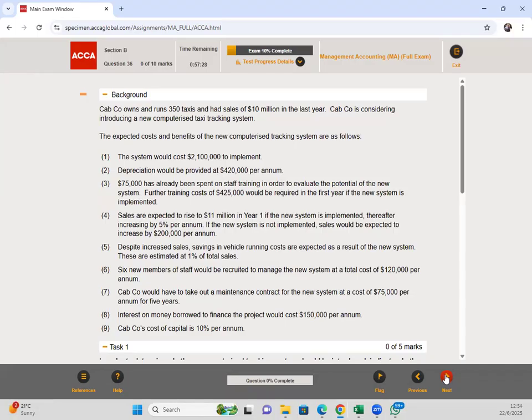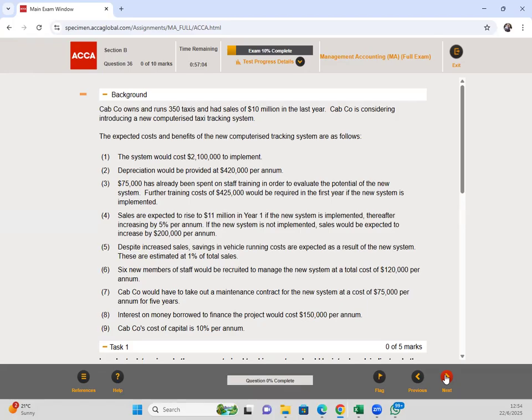75,000 has been spent on staff training in order to evaluate the potential of the new system. Further training costs of 425 would be required in the first year if the new system is implemented. So the system requires 2.1 to implement.